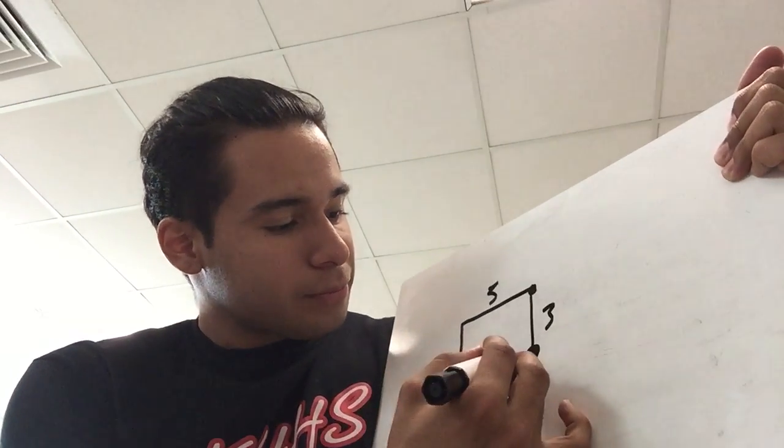And then to find this, you just do 5 squared plus 7 squared equals c squared.